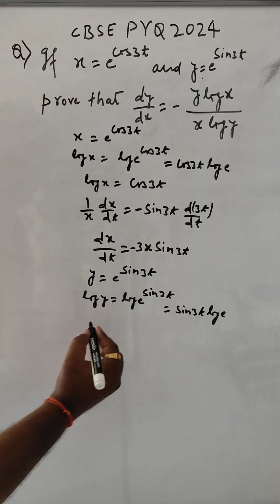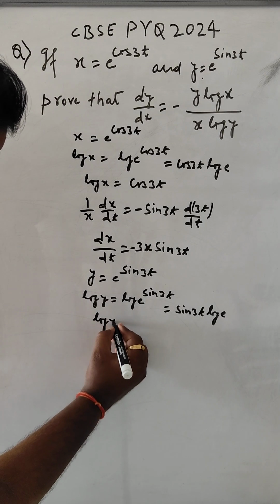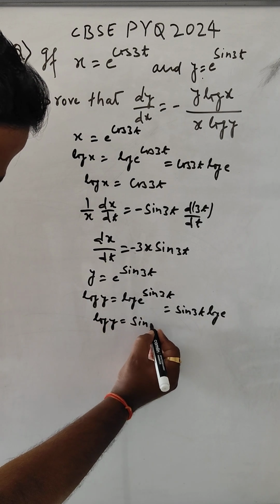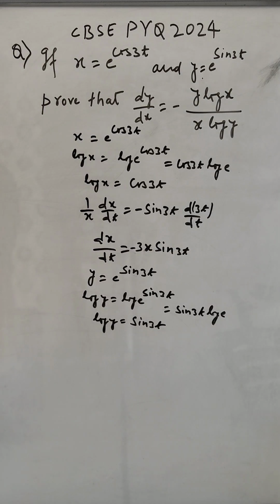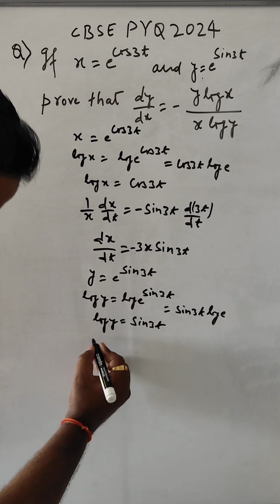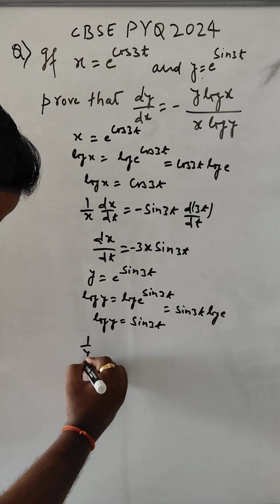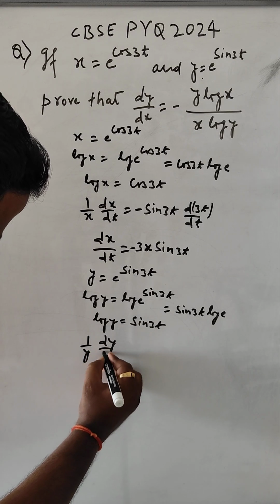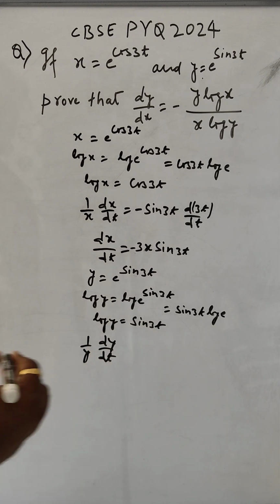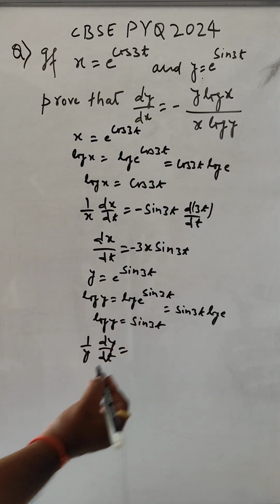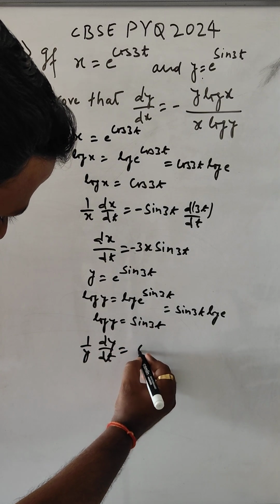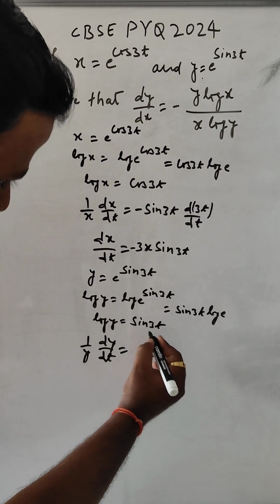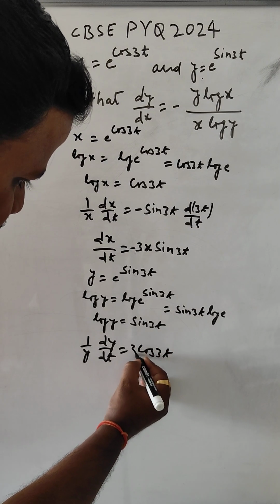Log e is equal to 1, so log y is equal to sin 3t. Then differentiating with respect to t, we get 1 by y dy by dt. And here the differentiation of sin is cos, so cos 3t, and 3t gives 3.